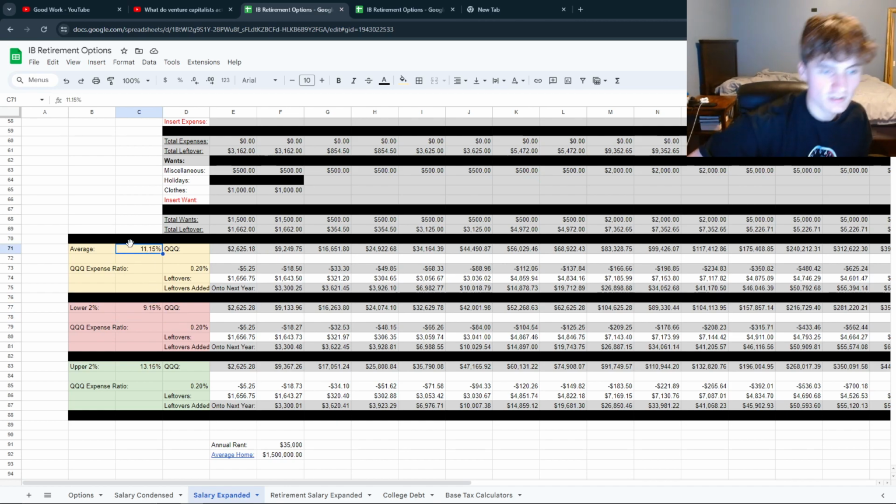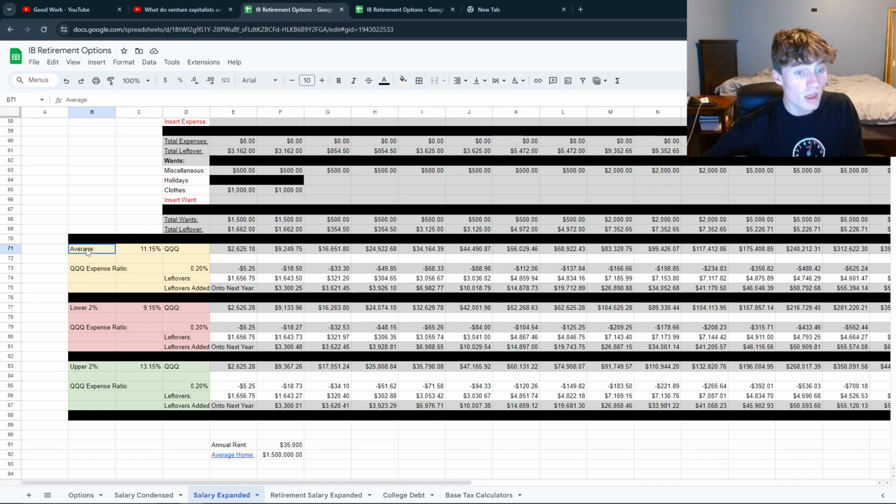So right here you have the QQQ times this percentage. Same thing here and here. Yellow for average, red for lowest, and then green for highest. This shows how much you lose every single year, times that expense ratio of 0.2%.